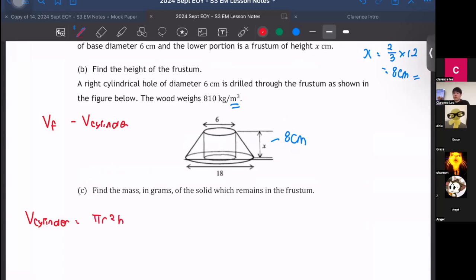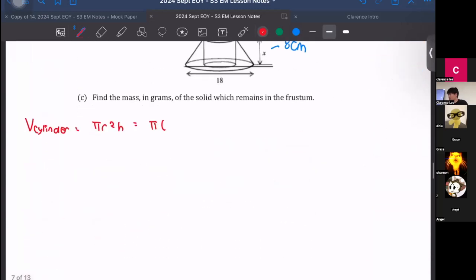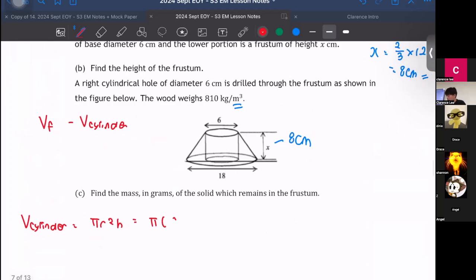Base area, which is a circle, times my height. So pi times, what is my radius? 6 divided by 2, so 3 cm, 0.03 square. I convert to meters already, so every time you see my decimal or my length, they are all in meters. Then what is my height? X, which is 8 cm, so 0.08.